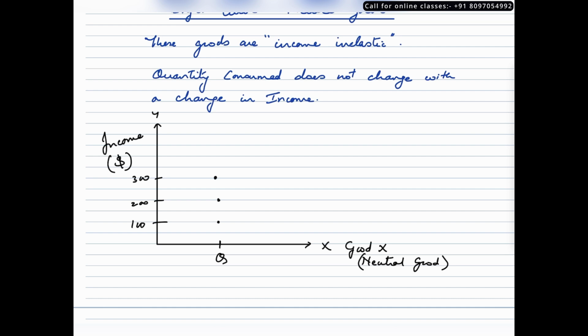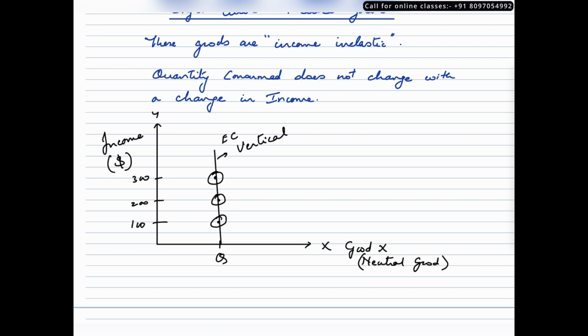So you may have a straight vertical line, which is the Engel's curve. I'll just highlight the pointers. So this is the Engel's curve that would be depicted for those goods where the demand or the consumption does not really depend upon the income of the consumer. So here the Engel's curve is a vertical curve indicating income inelasticity.